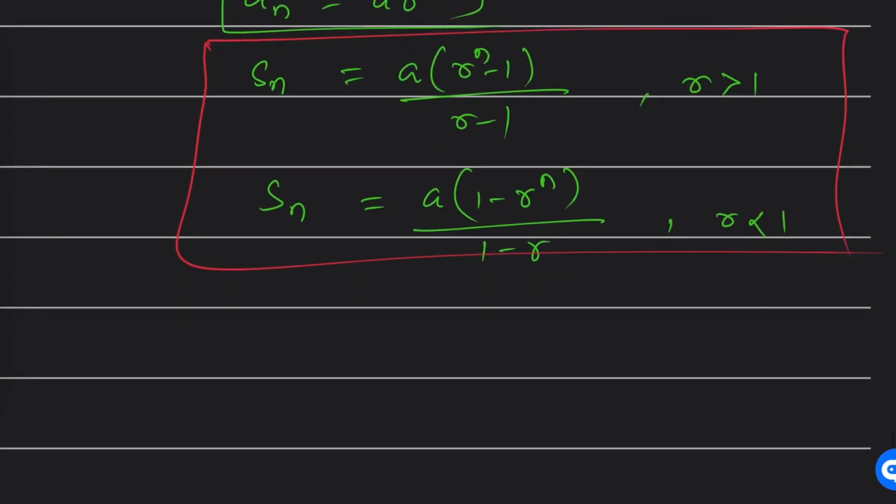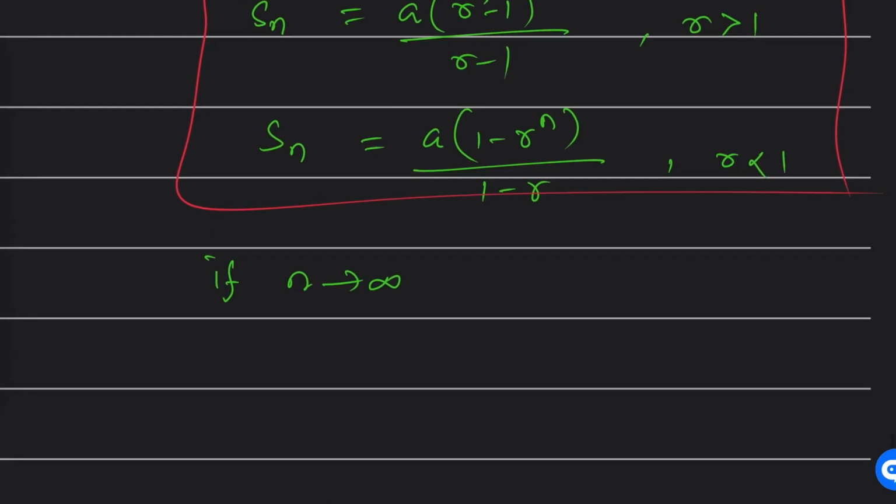Next, the special thing in GP you should remember is what I am going to explain now. If n tends to infinity: if there are n terms in the GP, you can use the above formulas. But if the number of terms is infinite, how do we solve the summation of all these numbers?